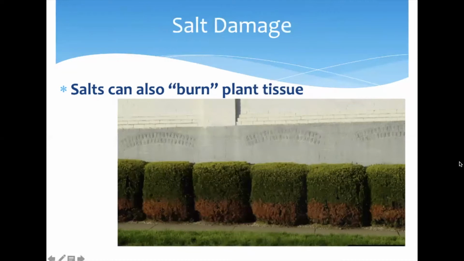After the salts were put down, maybe there was snow and it was shoveled. And here it was on the plant tissues, and it burned it completely. You can also see how uniform it is, right? It's a very uniform distribution, making it a potential abiotic issue.